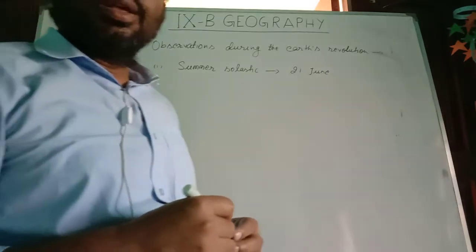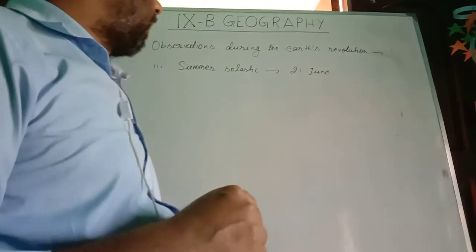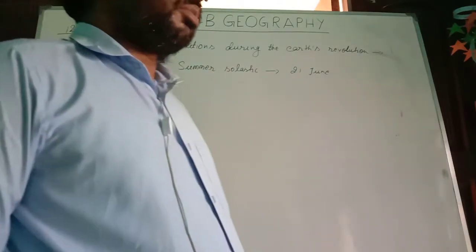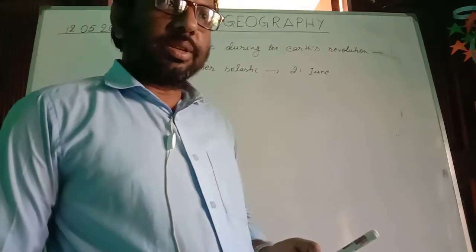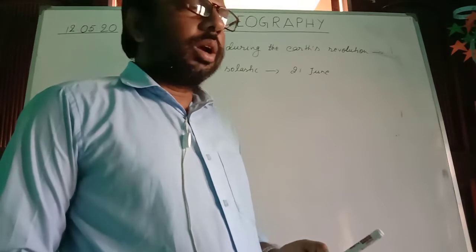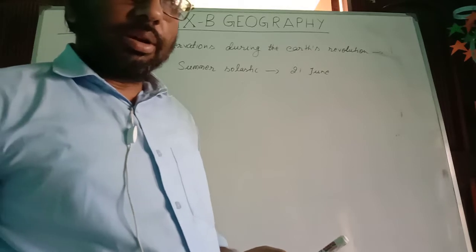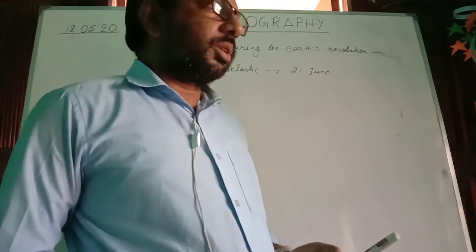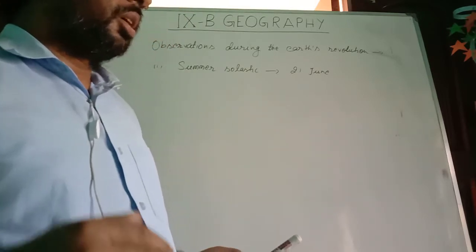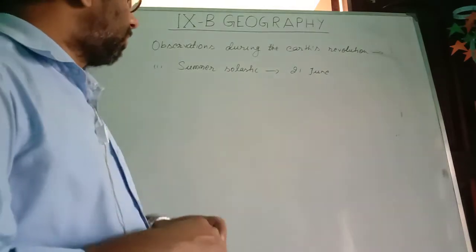The sun is vertical above the Tropic of Cancer, and the northern hemisphere experiences summer season. And you know what will be the effect on the length of the day and night in summer season if it is experienced by the northern hemisphere. The day will be longer and the night will be shorter.